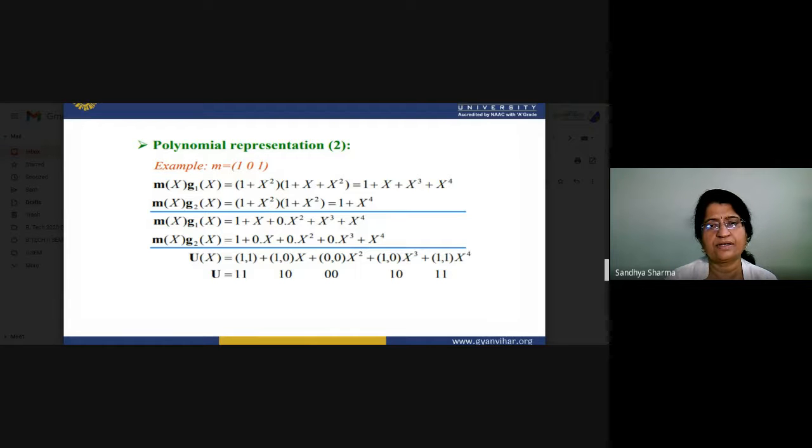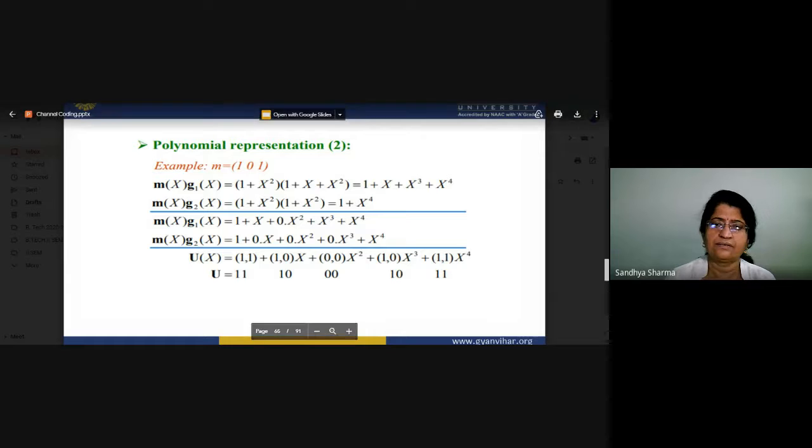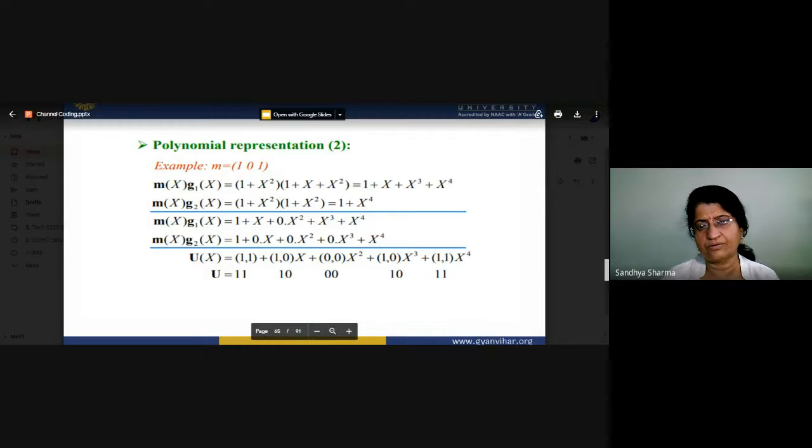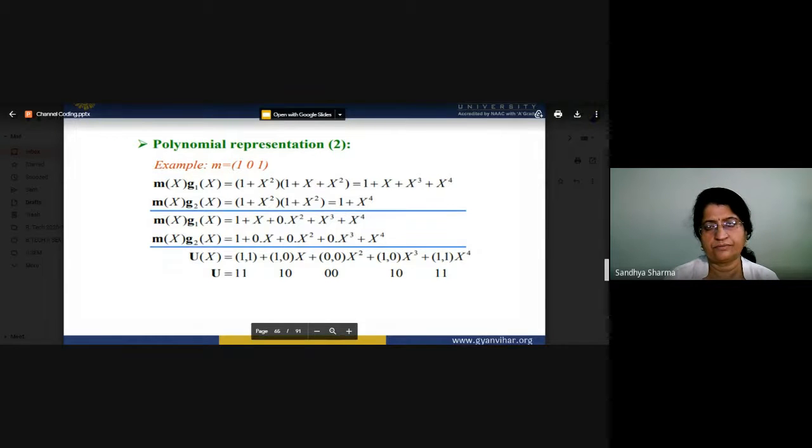By pairing those we can find the output of our convolution encoder.